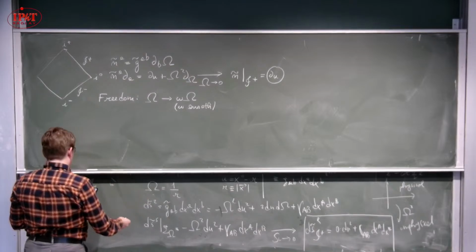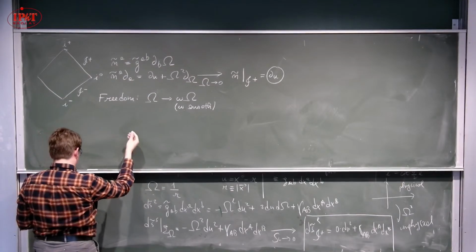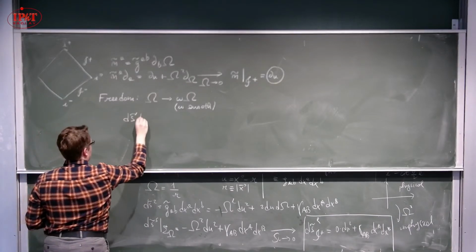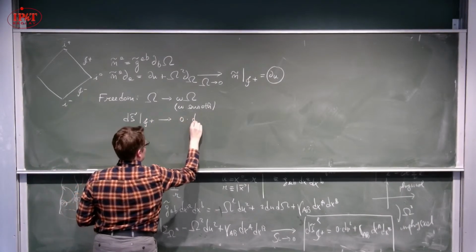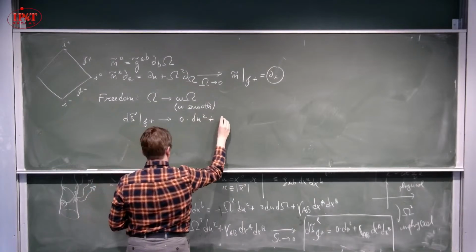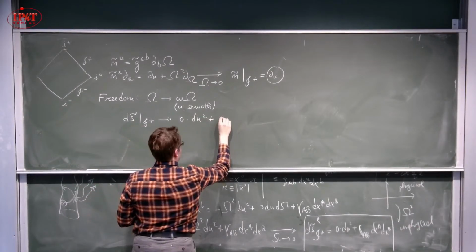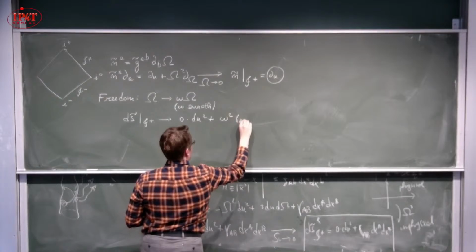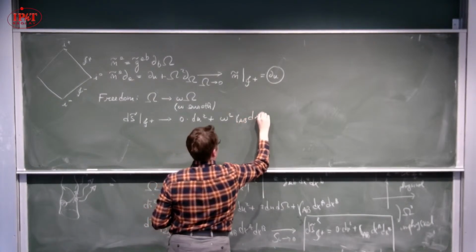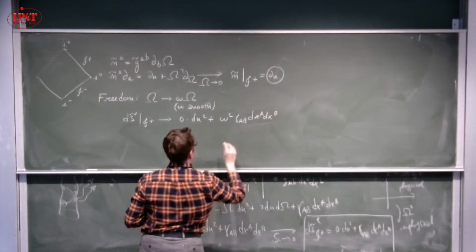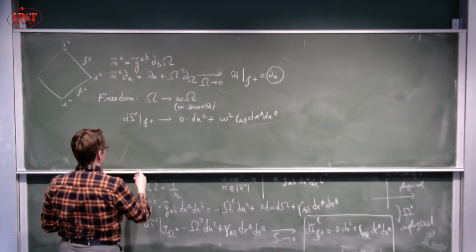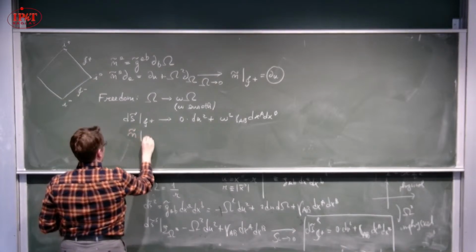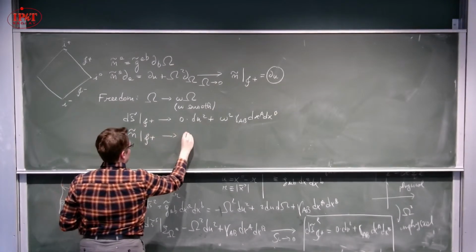So then what happens? Well, the change in the asymptotic metric is that it is still 0 times du squared. This doesn't change, but then you have a factor omega squared in the metric, and the unit normal, as you can see from here, has a factor of 1 over omega.